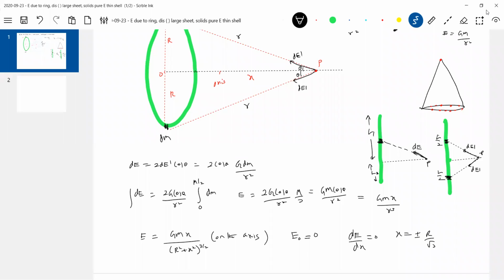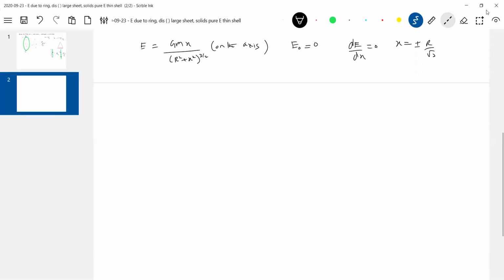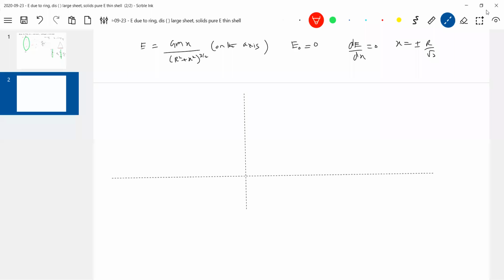At a certain point it will have a maxima, not minima, because it is 0 at the center and 0 at infinity. So now if I plot the total graph, I'm just directly putting it; if you want, you can differentiate and check it. So we do get a curve like this.